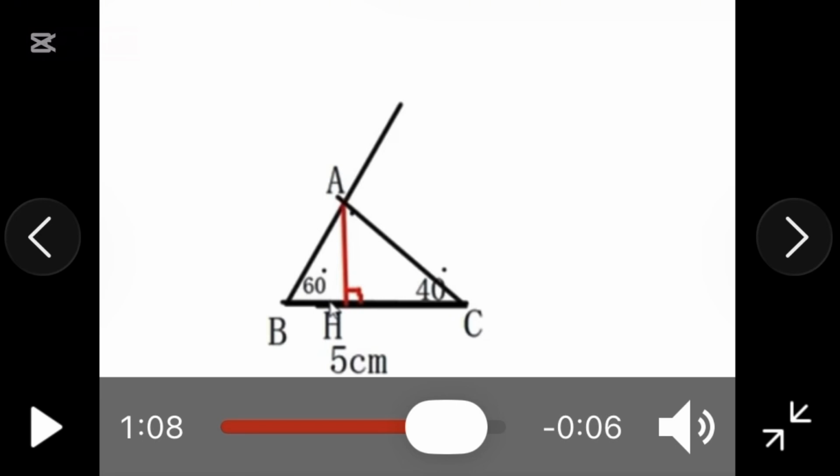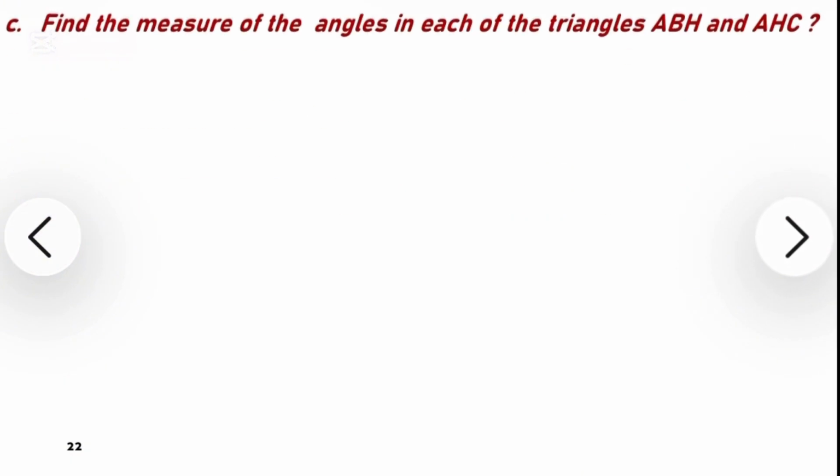So how do we find the missing angle A? It's 180 minus the sum of the given angles, which are 60 plus 90. So in order to find BAH, we must subtract 180 minus the sum of the given angles.